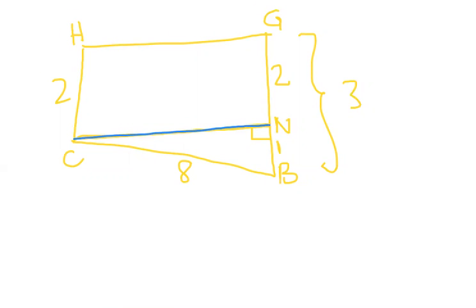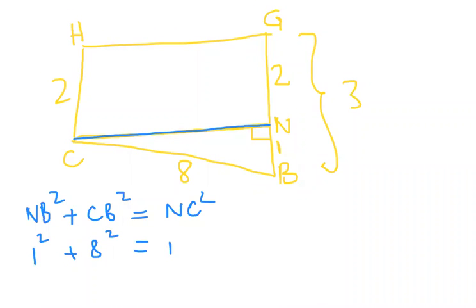So CN, again with Pythagoras. NB squared plus CB squared equals NC squared, that's Pythagoras. NB is 1, squared, plus CB, that's 8 squared, equals NC squared.